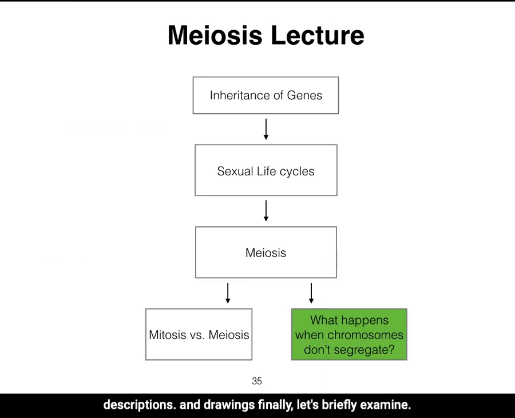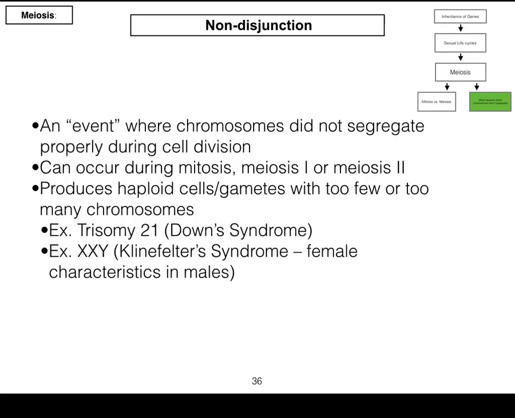Finally, let's briefly examine what happens when chromosomes don't segregate. There are events where chromosomes don't segregate properly during any of these divisions: mitosis, meiosis I, or meiosis II. This can produce haploid cells in mitosis when it should have been a diploid cell, or it can result in a gamete that has too few or too many chromosomes.